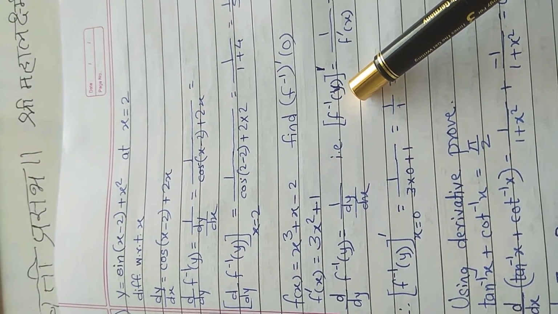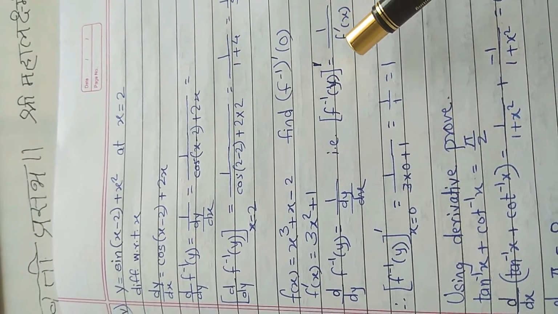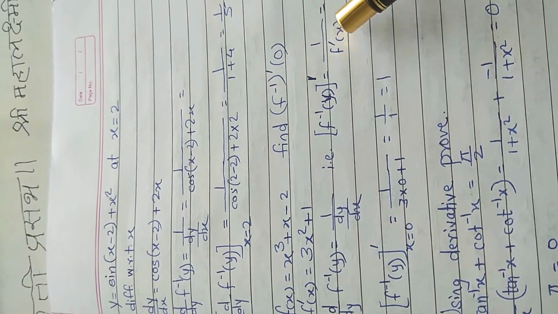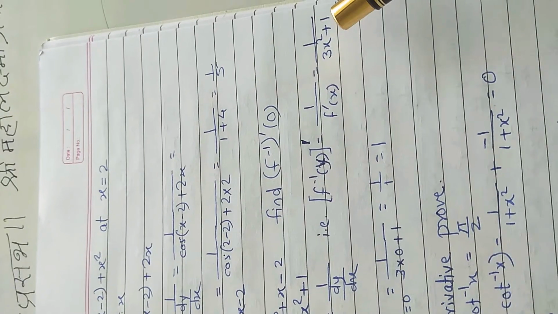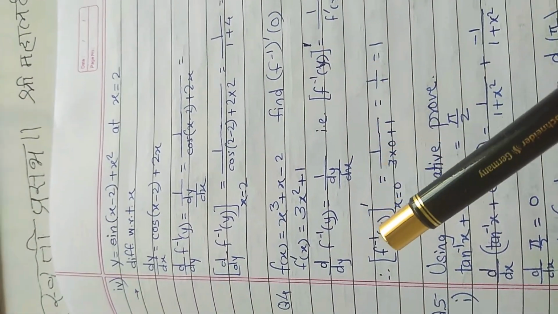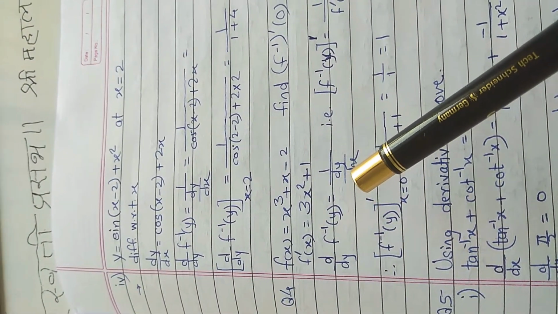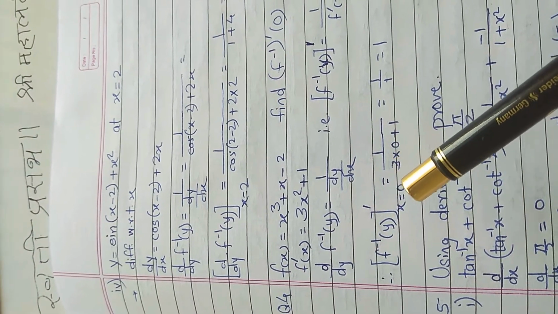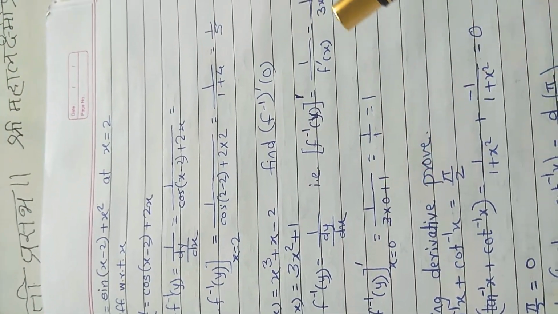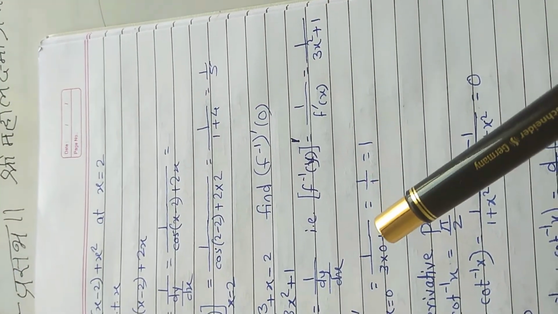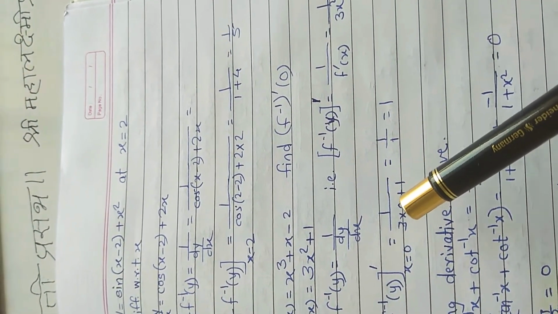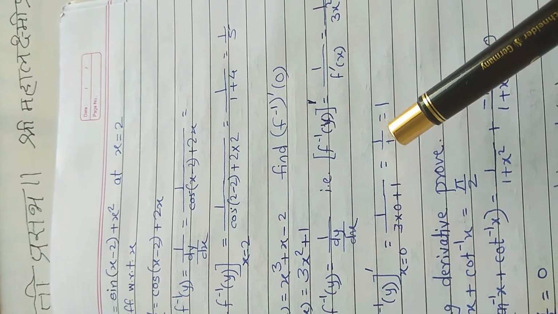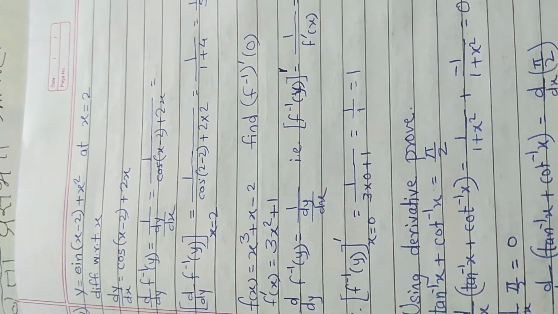It is nothing but 1 upon f dash of x, that is 1 upon dy by dx. f dash of x here is 3x square plus 1. Therefore derivative of inverse function of y at x equal to 0 is, in place of x now we will put here 0. 1 in the numerator as it is, 3 times 0 is 0 plus 1 will be 1. So 1 upon 1 will give you 1.